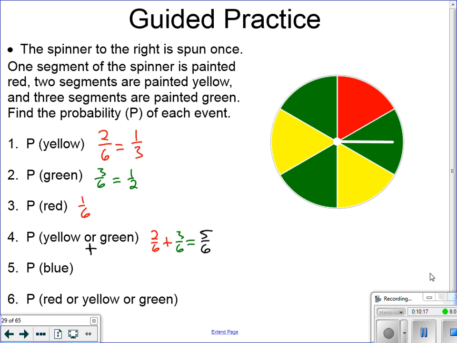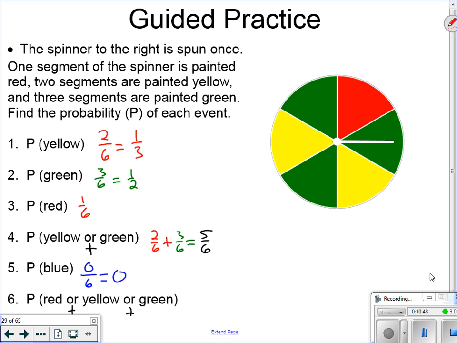Now the probability of spinning blue, well, there are 0 blue segments on there out of 6. 0 divided by anything is 0. So remember, spinning blue on this spinner would be impossible. You can't do it. Okay, and then red or yellow or green. Again, remember when you see the or, that means you're adding those probabilities together.